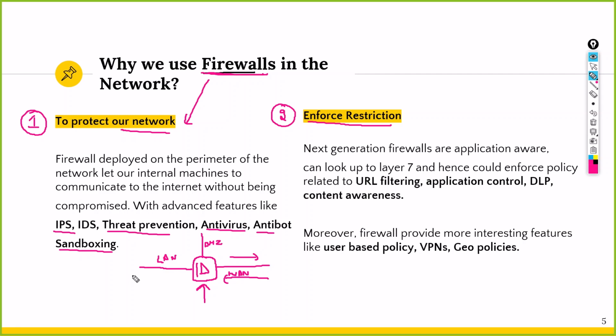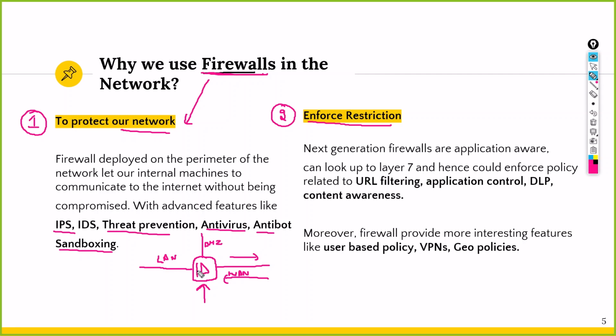And obviously, for all the members who are working in the LAN, websites related to gambling or pornography or anything else, we do not want those websites to be open for our end users, right? So these kinds of restrictions we want to apply to our users.